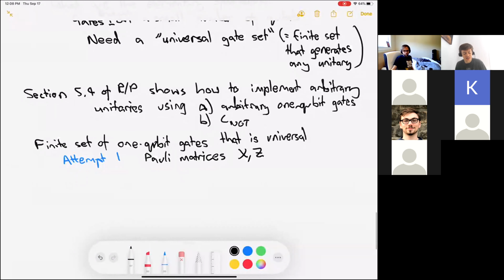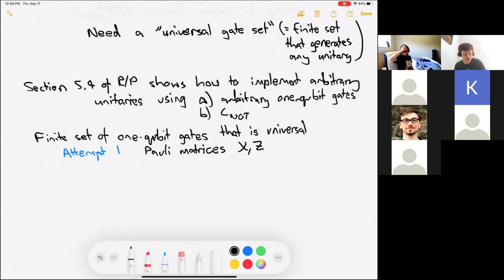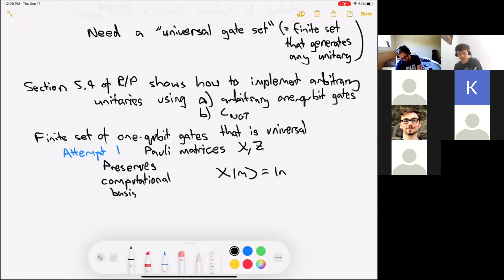But it's pretty easy to see that that's not going to get us arbitrary unitaries because applying either X or Z always preserves the computational basis, right? If we apply X to some state 0 or 1, we get some other state 1 or 0.